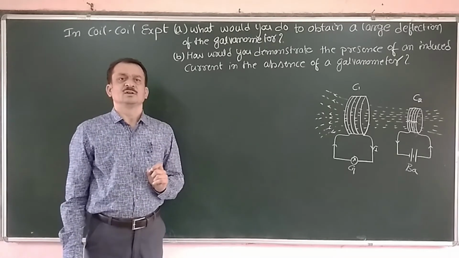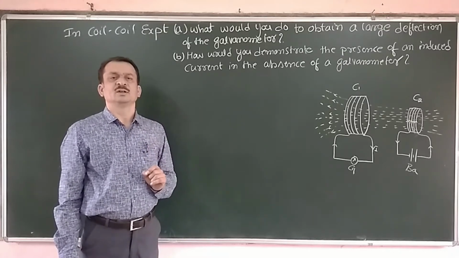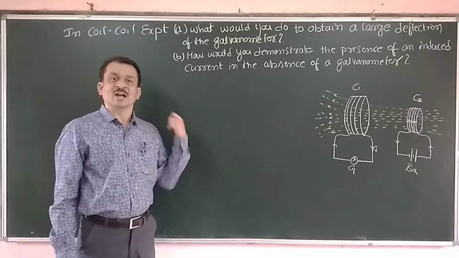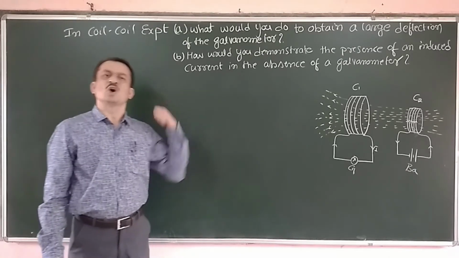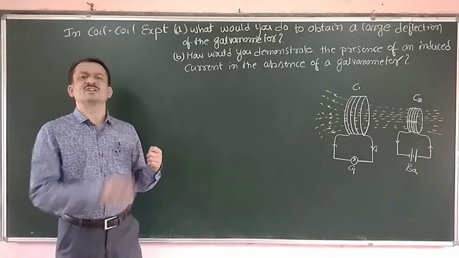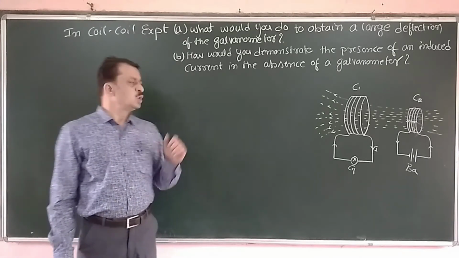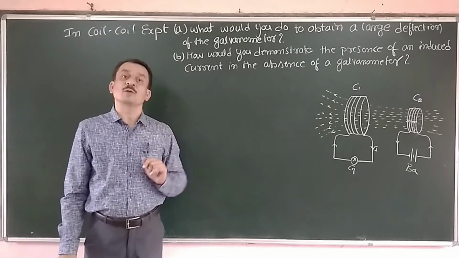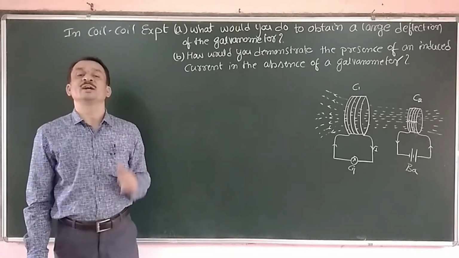back. The same results can be obtained by moving the south pole of the bar magnet towards the coil, but the deflection is shown in the opposite direction. We can take away the south pole of the bar magnet, then also we will observe a momentary deflection in the galvanometer.